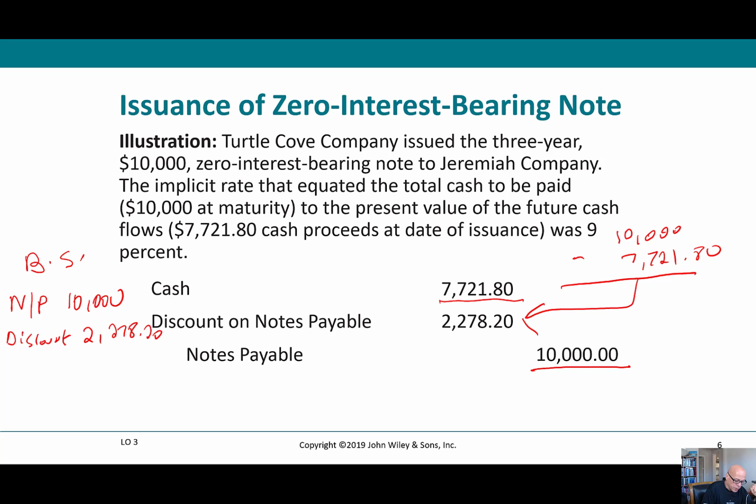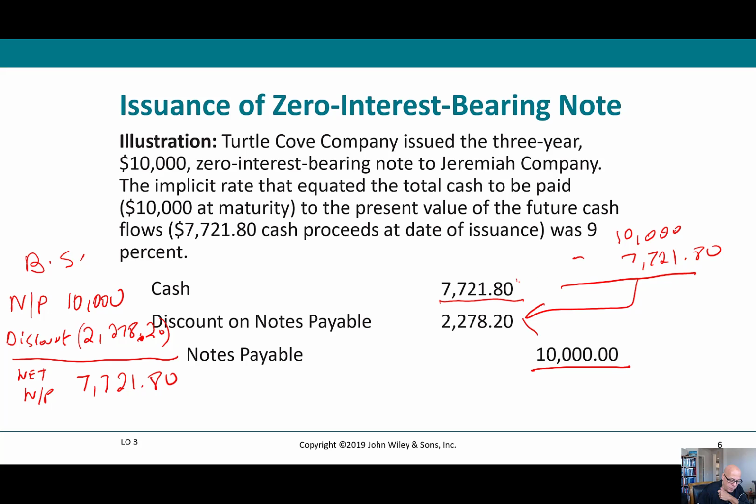I got this annoying 20 cents in here I got to deal with, 0.20, so I have to stick that in. Then you subtract that discount right on the face of the financial statement, and then you show the net note payable, and you will always show that at present value. So your presentation is the face minus the discount gives me the present value, which we call net note payable.